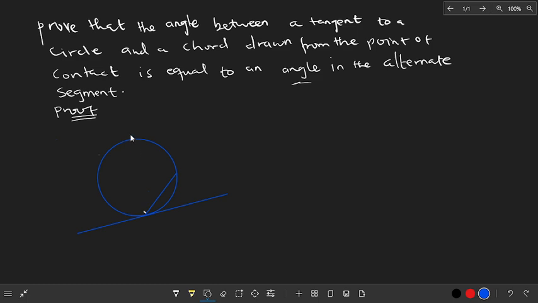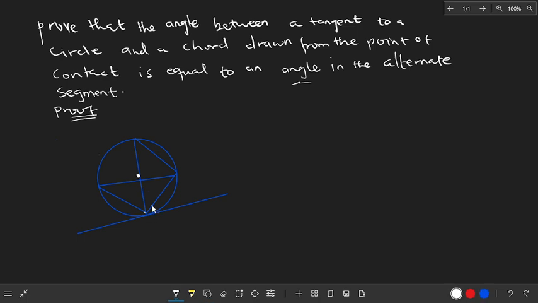Now let's say this is our diameter from this center, right? So let's see, what are we trying to say here?